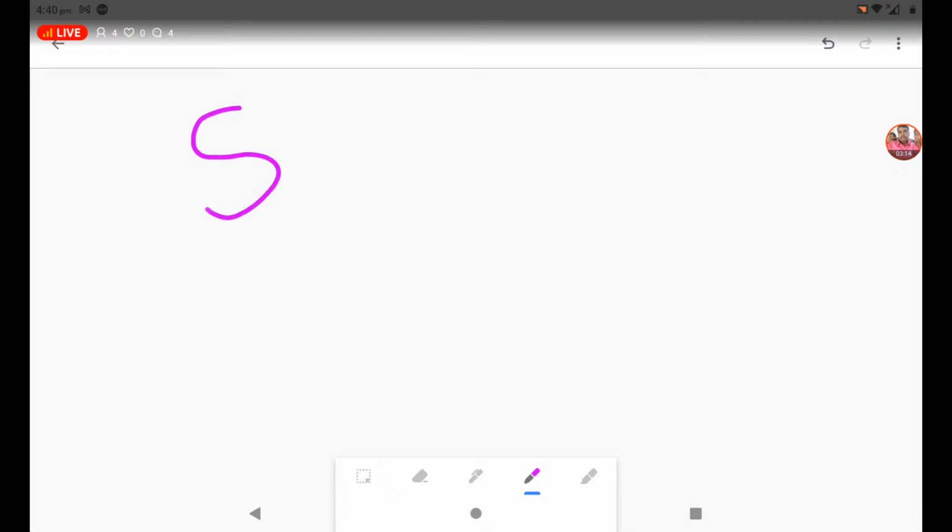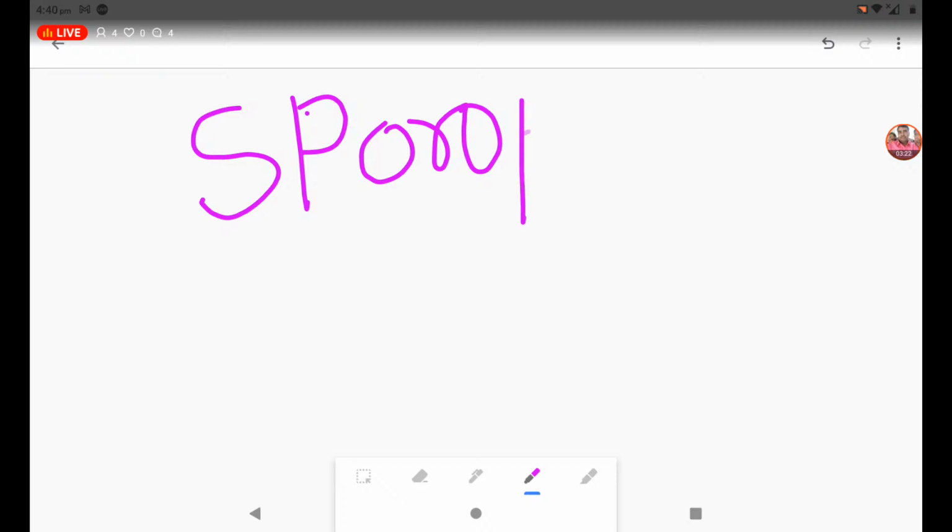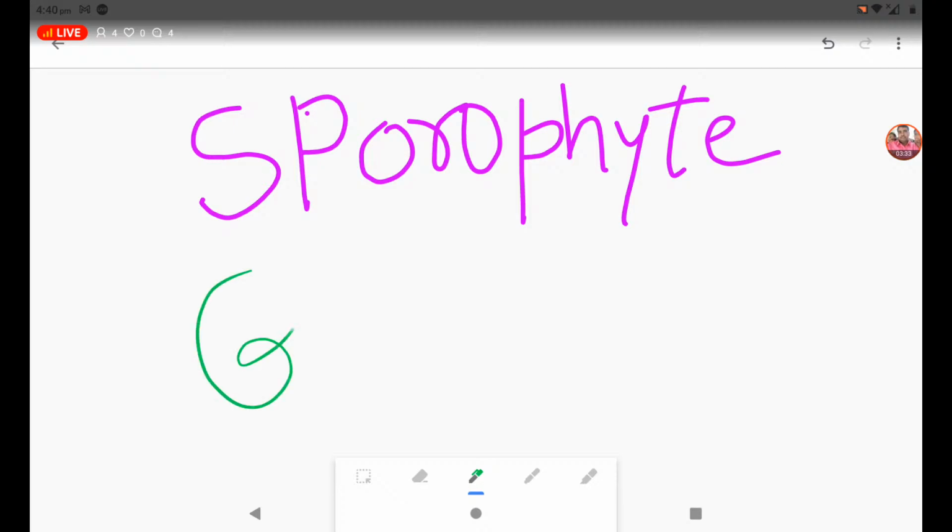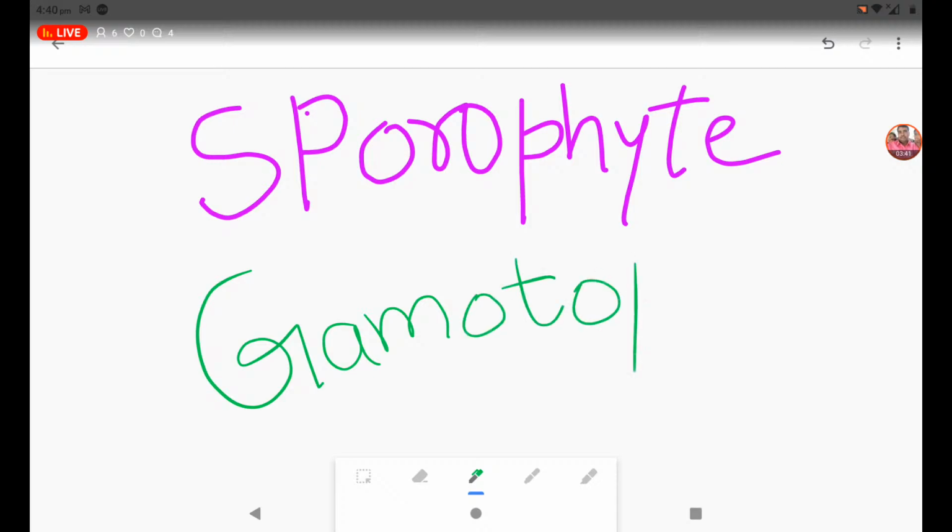The first one is the Sporophyte, which is generally dominant in higher plants. So two things: what is Sporophyte and what is Gametophyte. After completing this, we will go to Pteridophytes.